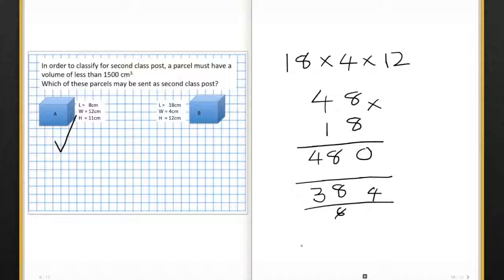Cross that out so I know I've used it, and then we can add them together. 0, add 4, 8 add 8 is 16, 4 add 3 is 7, add 1 is 8. And the answer is 864 centimetres cubed, which is also less than 1500, so that parcel can go too.